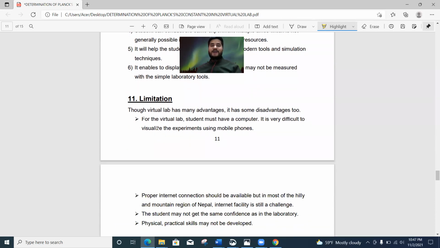Limitations. Although we have so many advantages, there are some limitations. They are as follows. For the virtual lab, students must have a computer, which is too expensive nowadays. It is very difficult to visualize the experiment using a mobile phone.